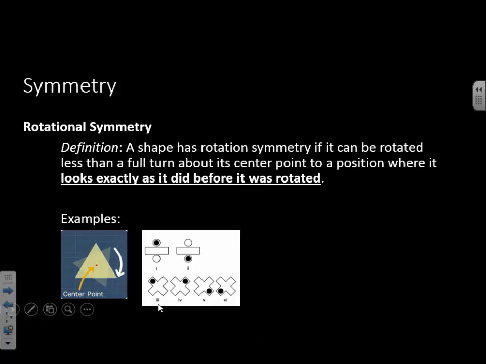Okay, now let's look at the multiplication sign and watch the dot. We move it a quarter of a turn or 90 degrees and it's still symmetrical. We rotate it 180 degrees and it's still symmetrical. And we rotate it 270 degrees and it's still symmetrical.